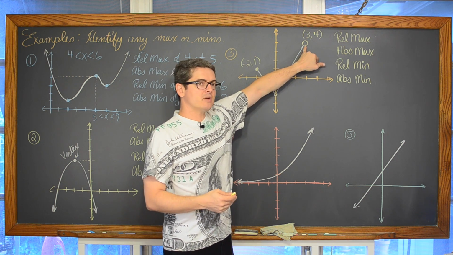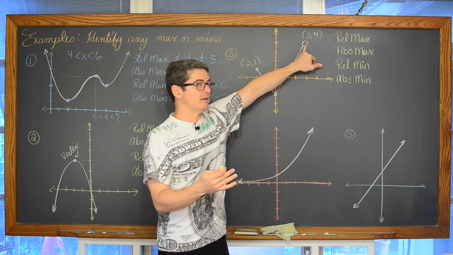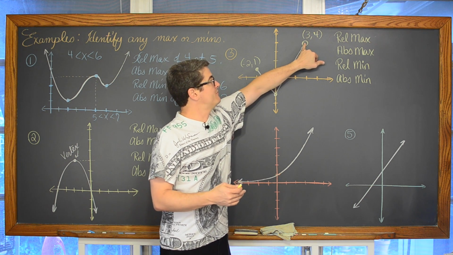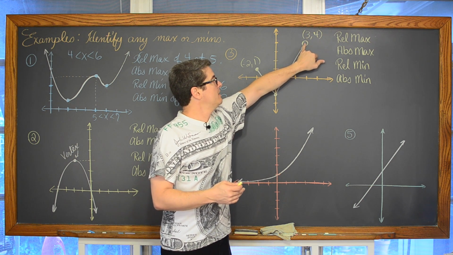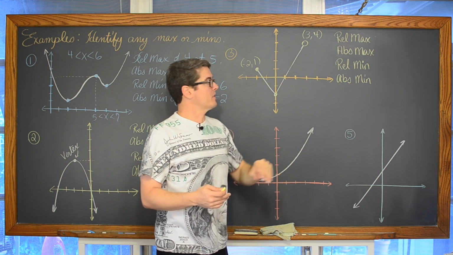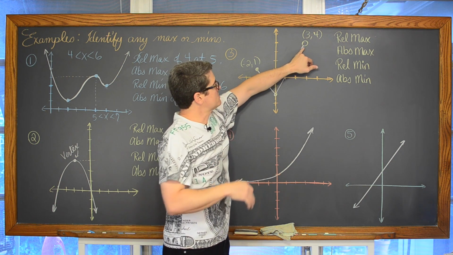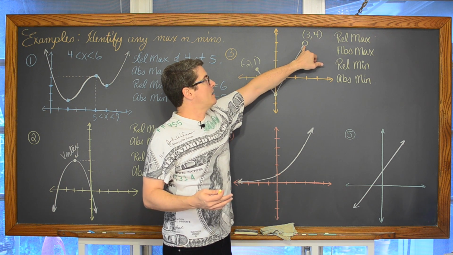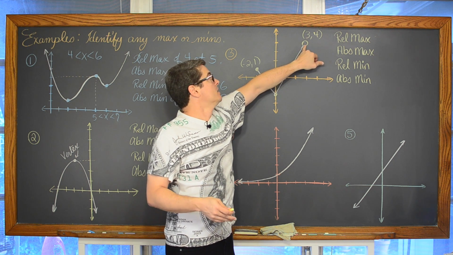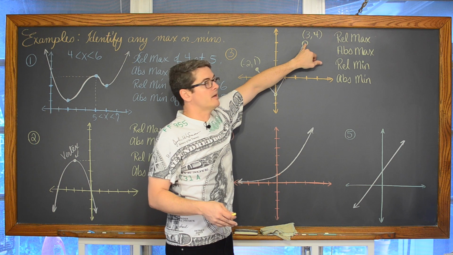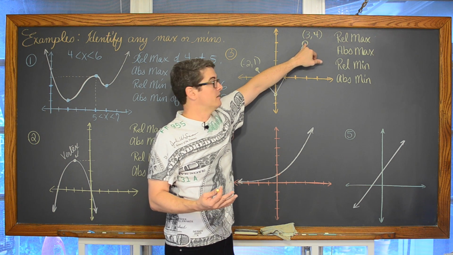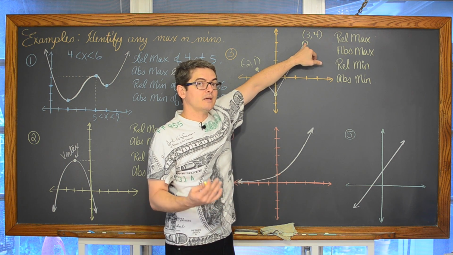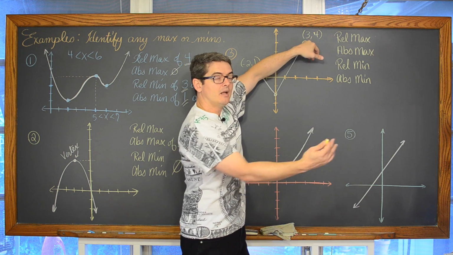But if that's an open dot, where are we stopping? Now, we're approaching the point 3, 4, but we're not getting to 3, 4. We're getting to, say, 2.8, 3.7, or 2.9, 3.9, or 2.999, 3.999, or 2.99999, 3.99999.